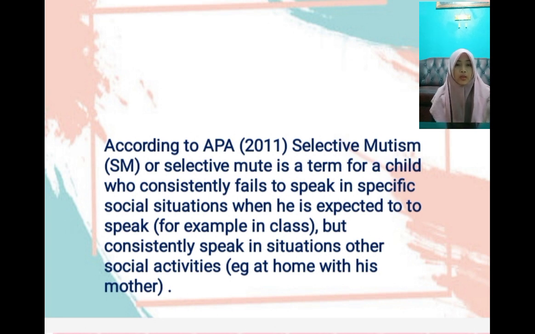According to APA 2011, the classroom is often a place where children lose their speech, and it becomes the most problematic thing in academic and social expectation at school, according to Siegel and Kurtmaker in 2011.